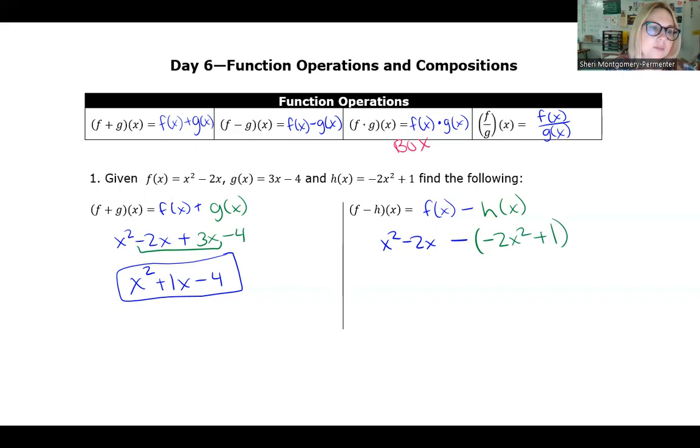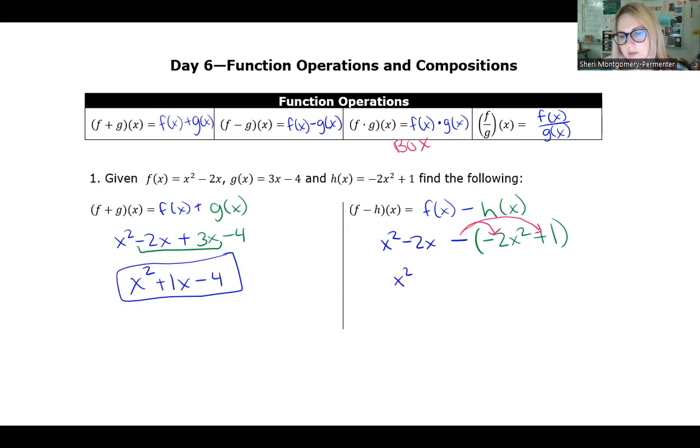Anytime that you are subtracting, and this is like a bonus question on one of the quizzes or the test, I have to distribute the negative to both pieces, so it's going to change the sign. So I've got to distribute this into both pieces and rewrite it all.